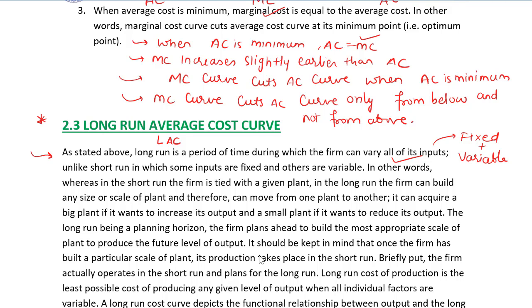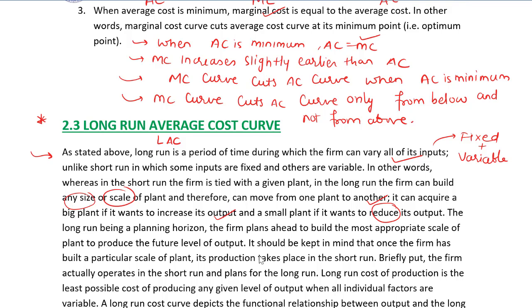In the short run, the firm is tied to a given plant; in the long run, the firm can build any scale of plant. Therefore, we can move from one plant to another. It can acquire a big plant if it wants to increase the output, and a small plant if it wants to reduce the output.